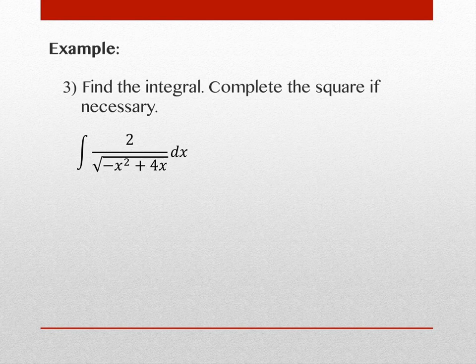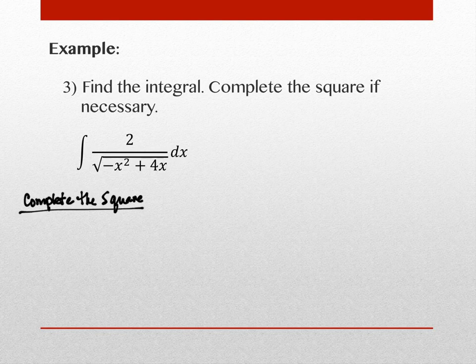And so we need to get it to have that form, and we can do that by completing the square. So let me remind you about some completing the square stuff, because you probably haven't seen it in a while. We need to have the denominator look like two pieces that are being squared.